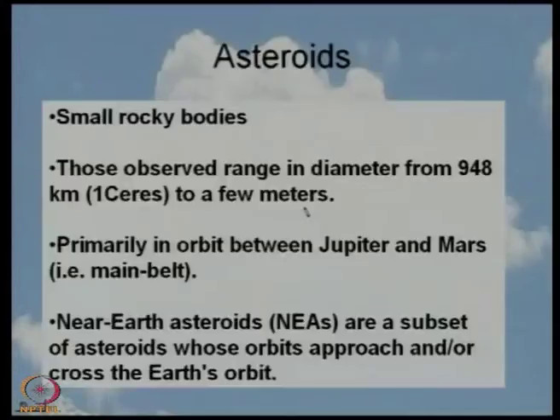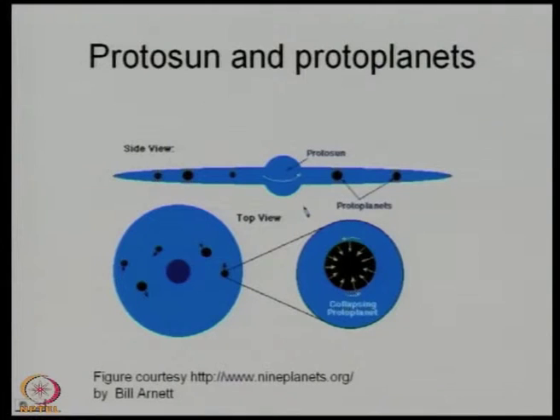So, when the solar system was formed, let me just go back to this picture of the formation of the solar system. You have this disk and this disk fragments. In the outer parts you could possibly have small fragments forming, and these would contain frozen water and other frozen gaseous volatile substances.